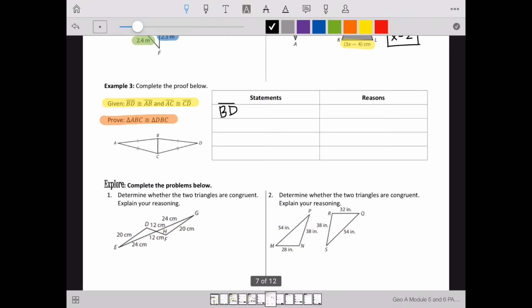So BD is congruent to AB. That was given. AC is congruent to CD, which is also given. And what we are trying to prove always goes on the bottom row. So triangle ABC is congruent to triangle DBC.